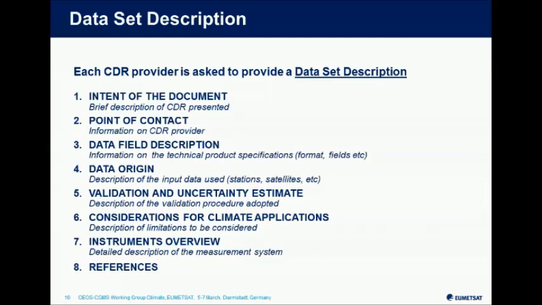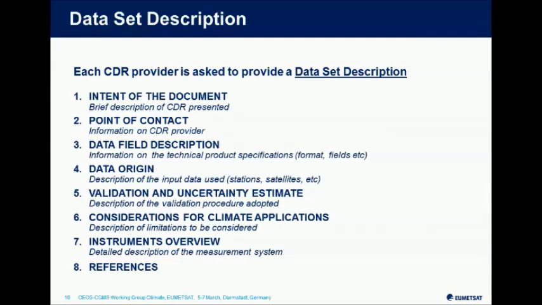And then it gives some strengths and weaknesses for particular applications, like the limitations to be considered. For example, yesterday David was telling that when you use reanalysis data for trend analysis, be aware, and things like that are mentioned in the considerations point.